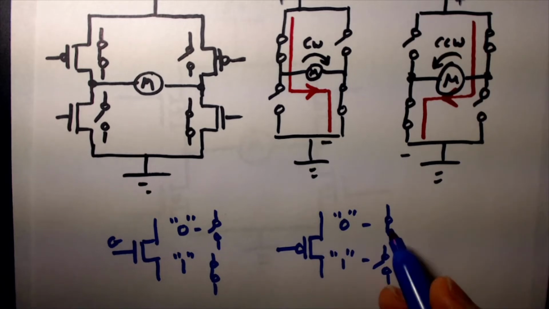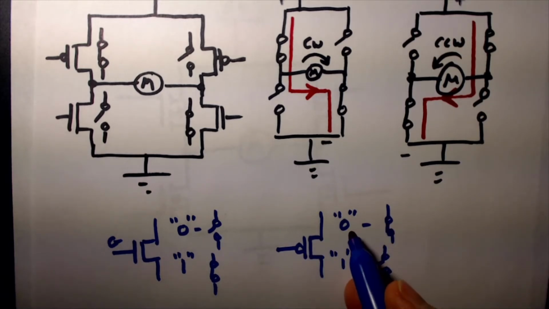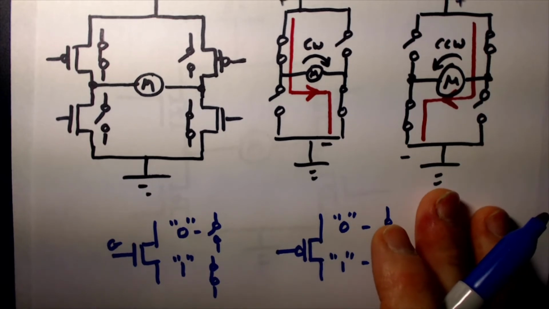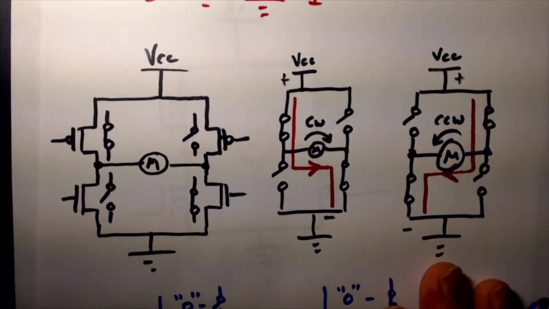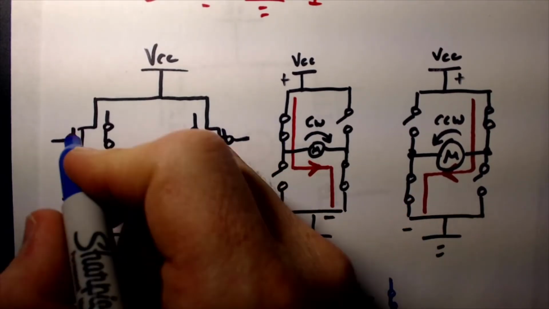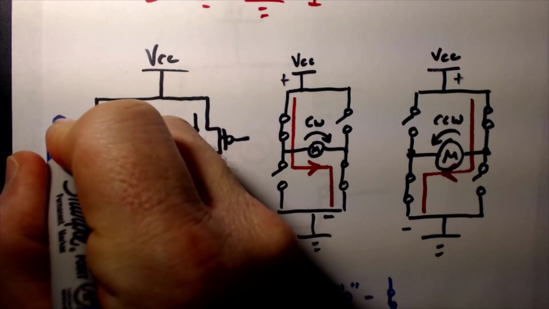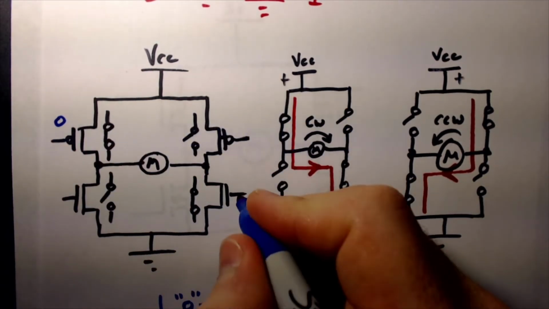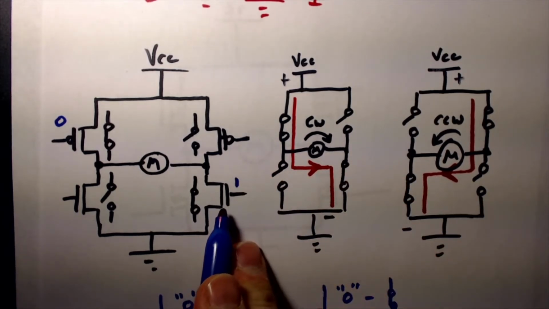When you assert it, you're actually applying a logic level 0 or 0 volts or a low voltage or ground. Okay, so I need a 0 here to make it closed. I need a 1 over here to make this one closed, this N channel.